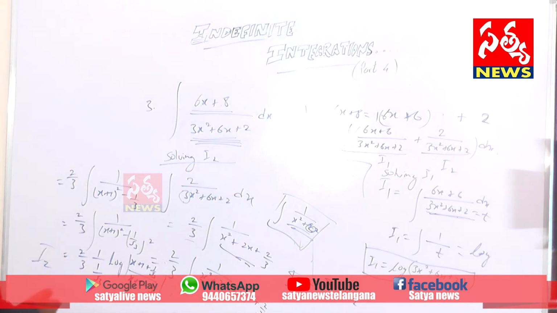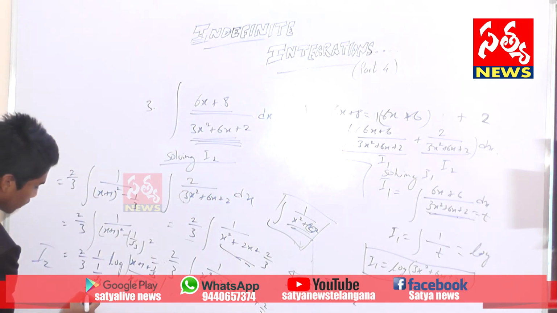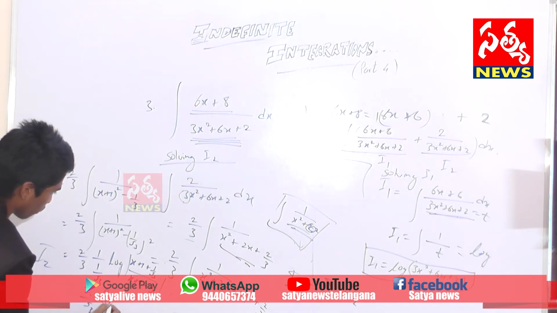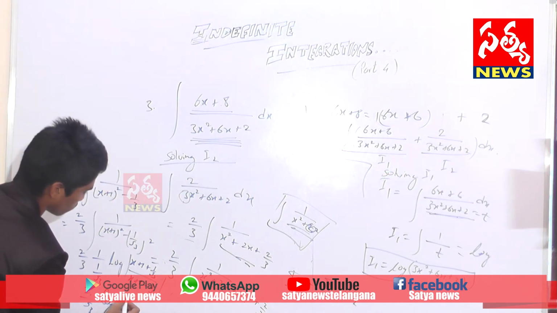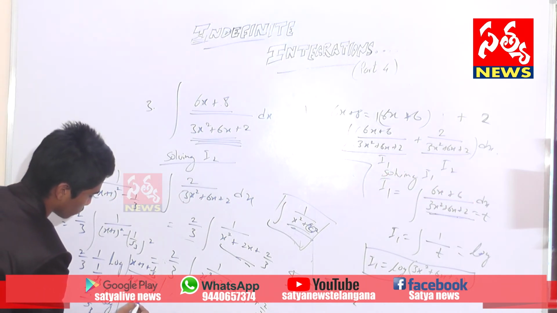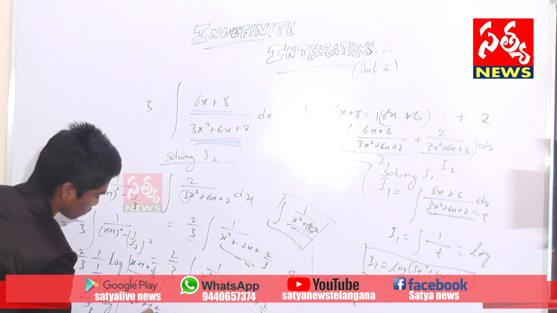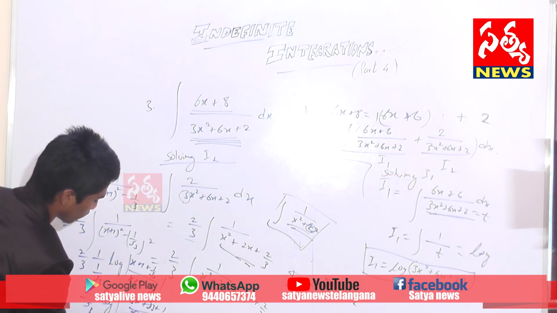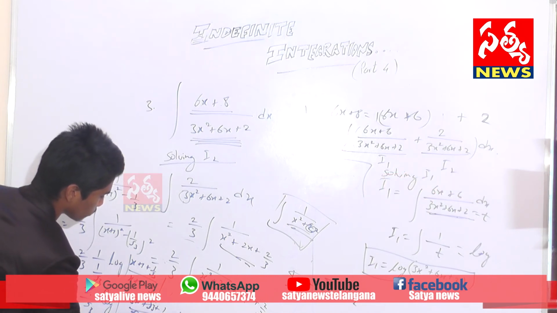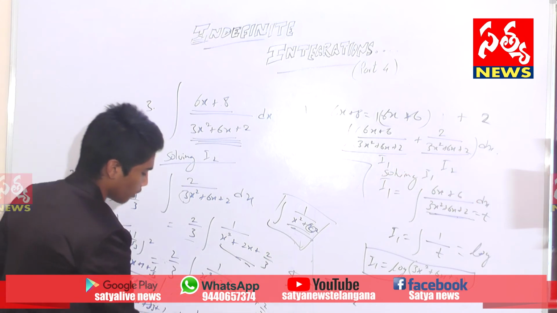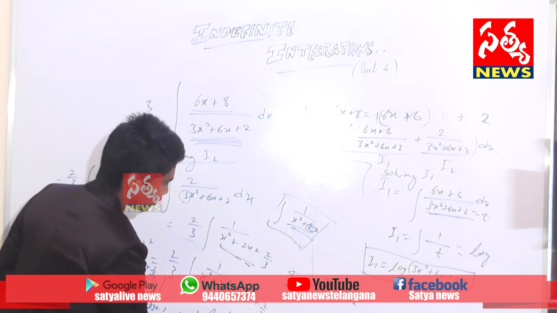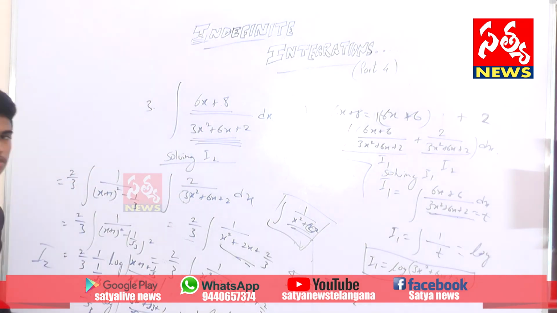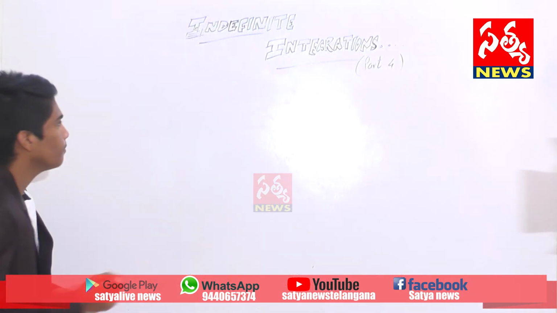Further simplifying this, we get 2 by root 3 log of root 3 x plus root 3 plus 1 by root 3 x plus root 3 minus 1, plus I1, log of 3x square plus 6x plus 2, plus c. This is the answer. Here comes the last problem.